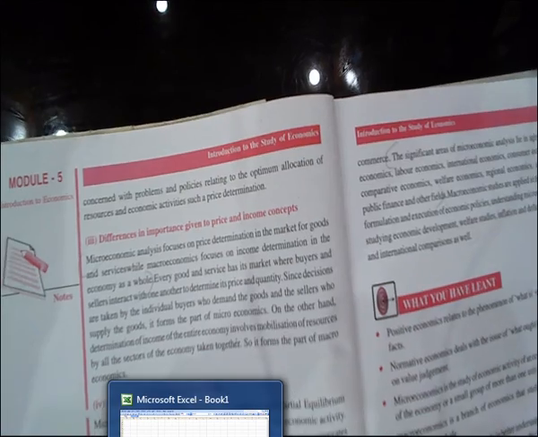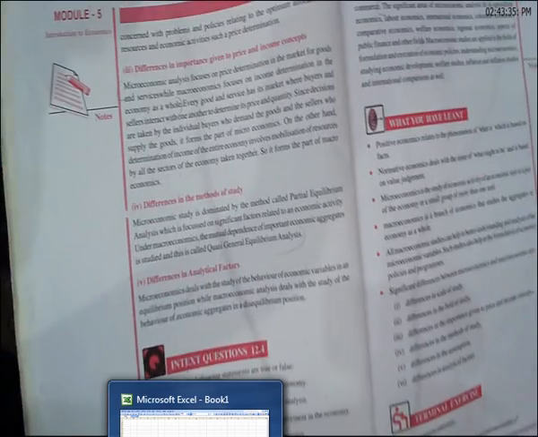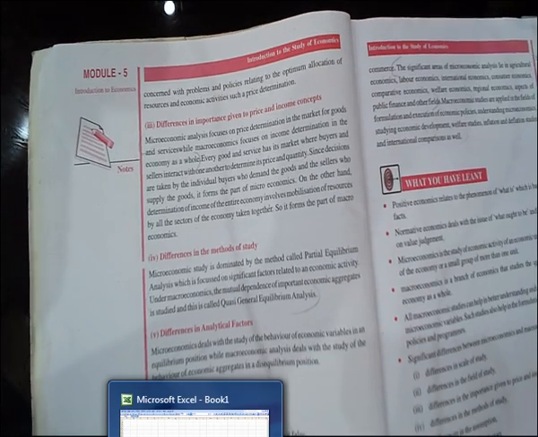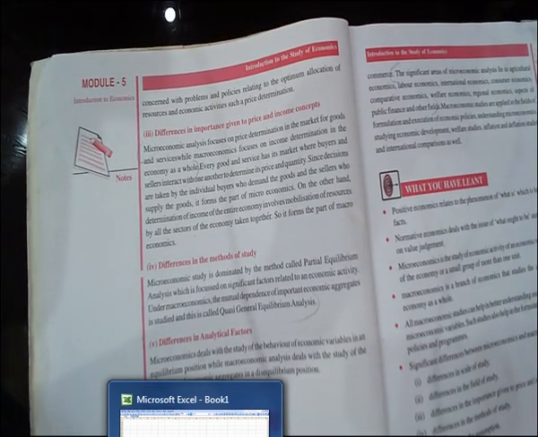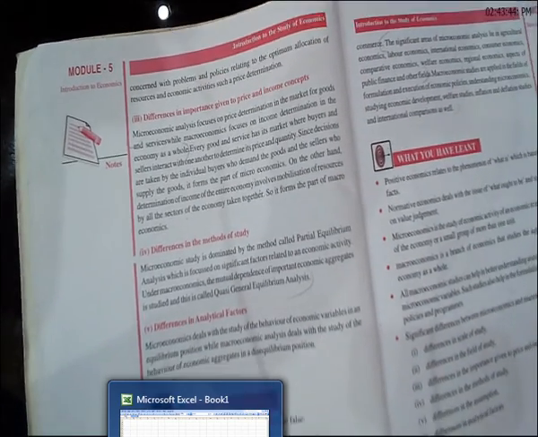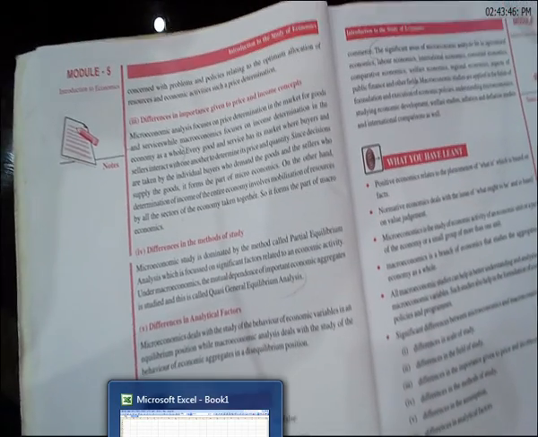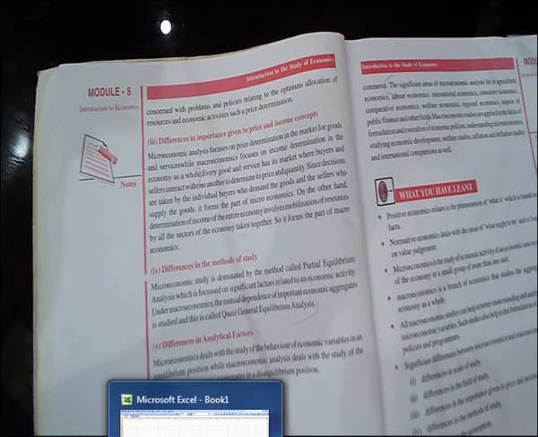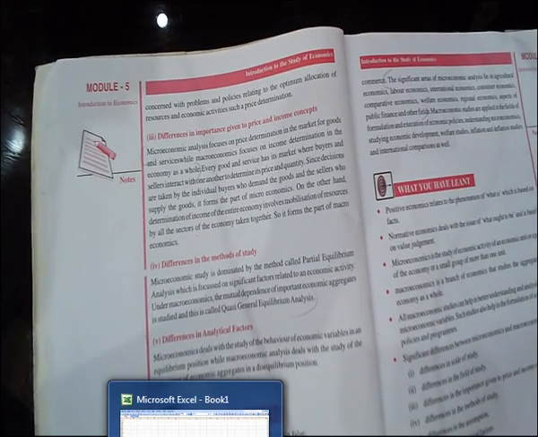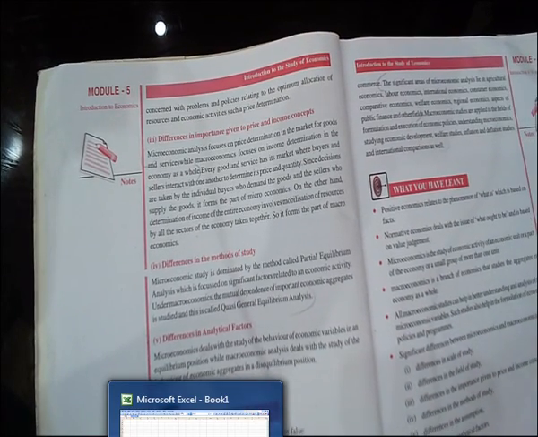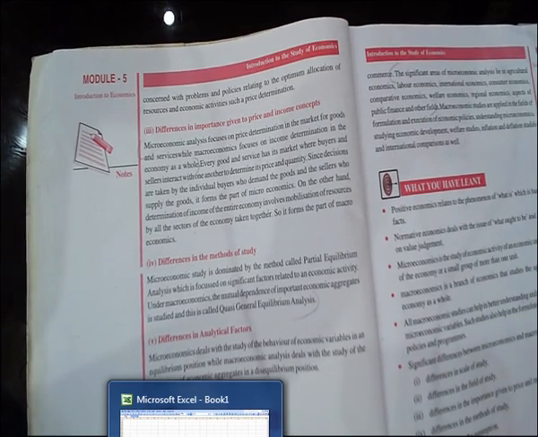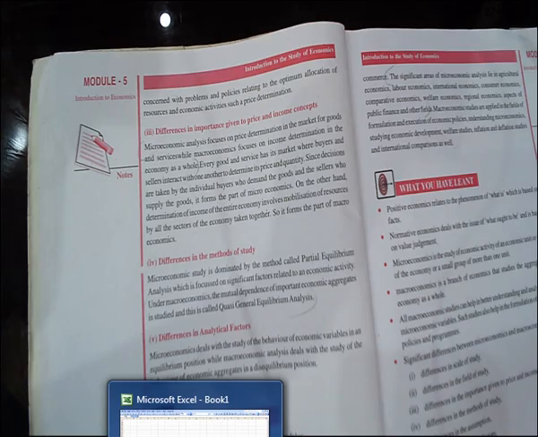Next, the third difference is in the importance given to price and income concepts. Both aspects give importance to price and income concepts. But microeconomics always focuses on price determination in the market. It means we are deciding the price of the market.